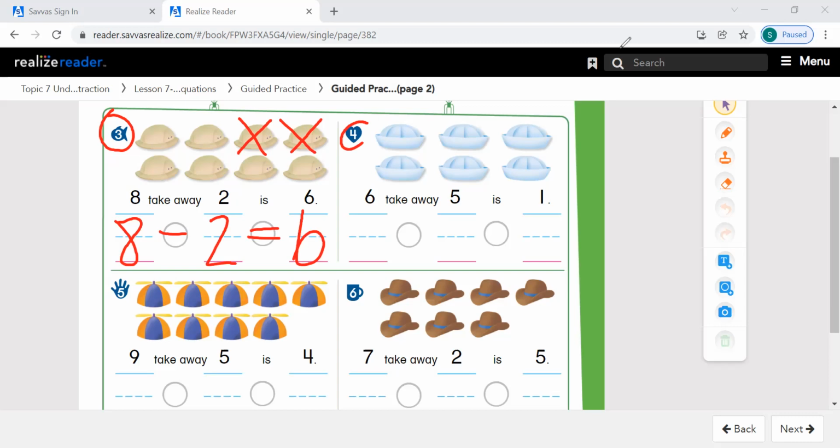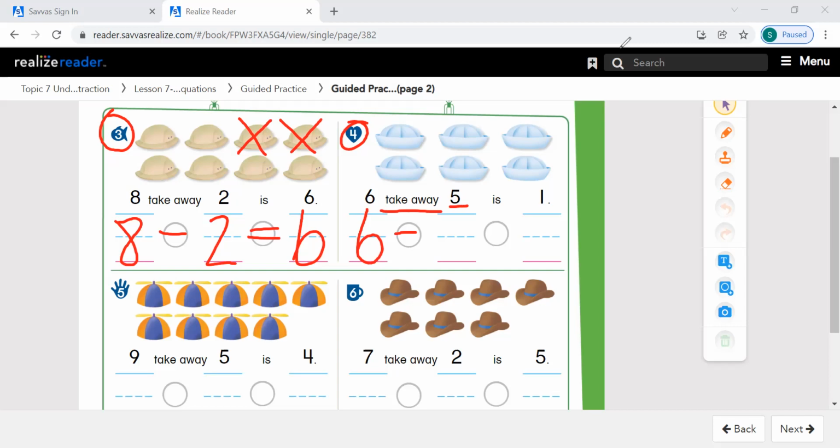All right, let's look at number 4. We have 6 hats in all. We are taking away. How do we show takeaway? What symbol do we use? We use the minus sign. 6 minus or take away how many? 5.